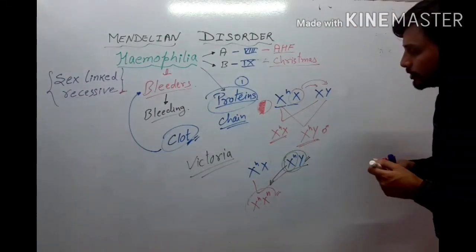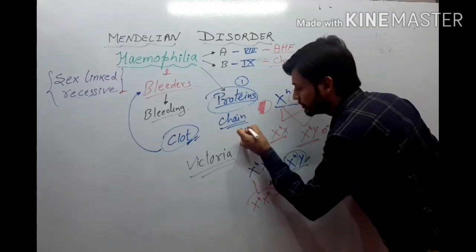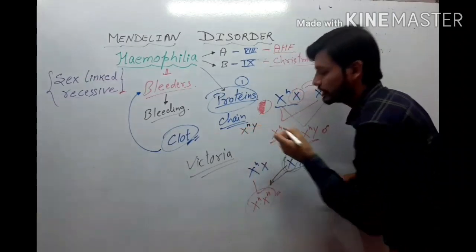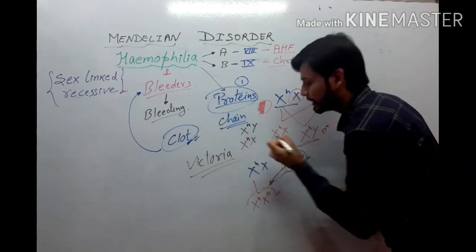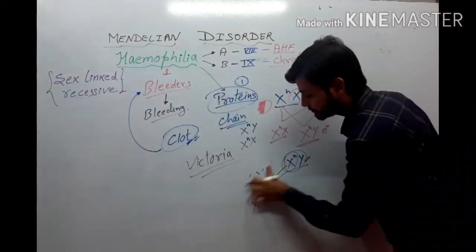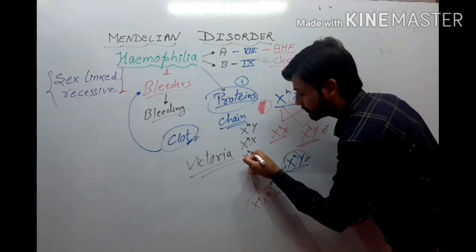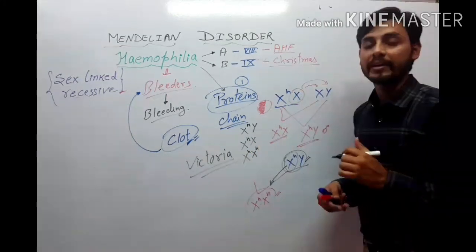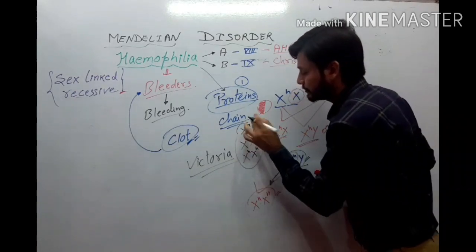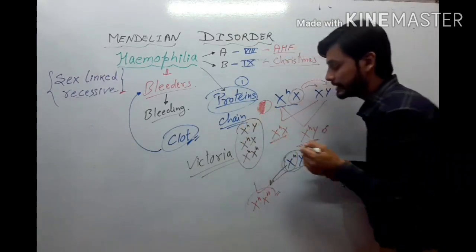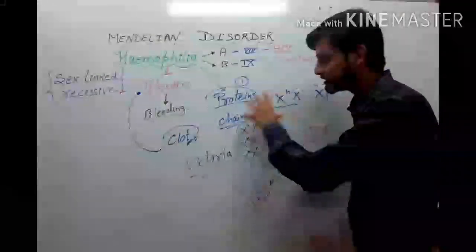Now if we talk about the patterns, this will be the affected male, the carrier female, and the affected female. So just make sure these are the genotypes of this disorder.